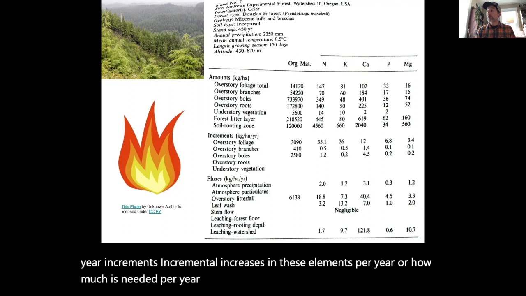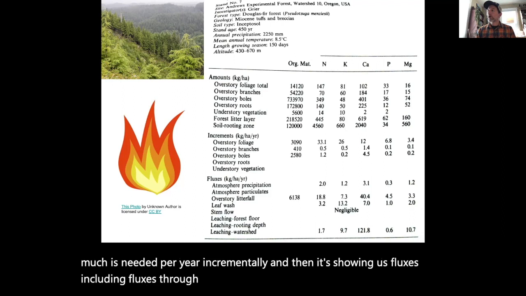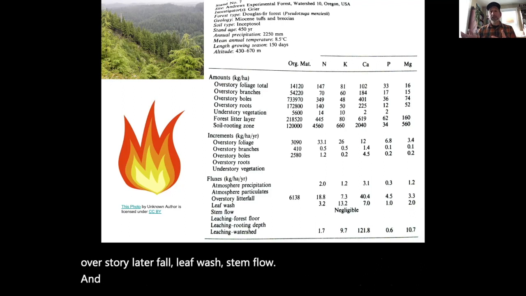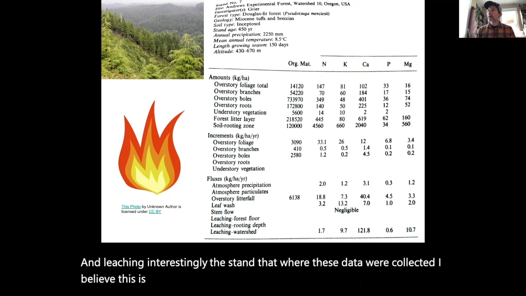And then it's showing us fluxes, including fluxes through atmospheric precipitation, atmospheric particles, overstory litter fall, leaf wash, stem flow, and leaching. Interestingly, the stand where these data were collected, I believe this is one of the forests that recently burned in the 2020 fires at H.J. Andrews.